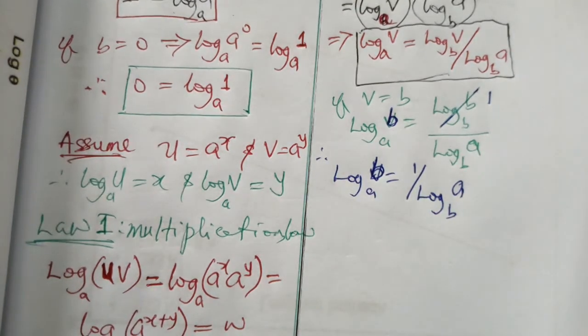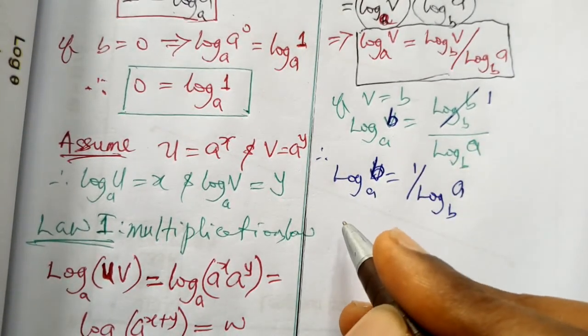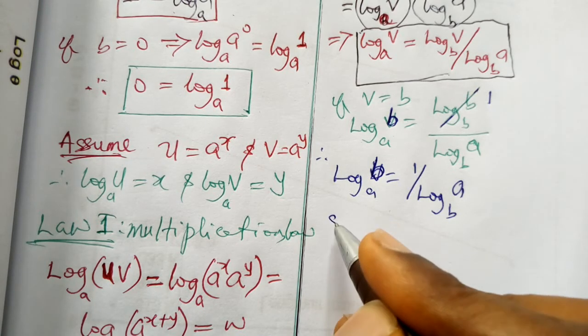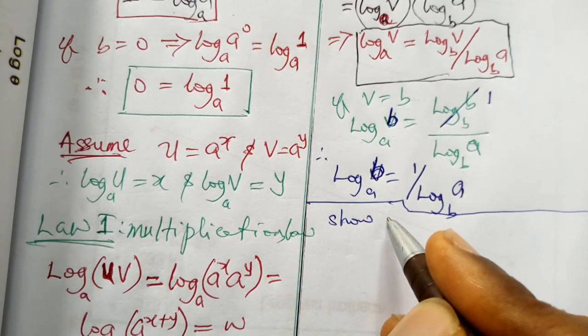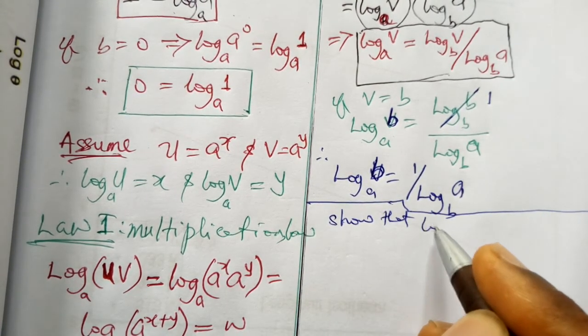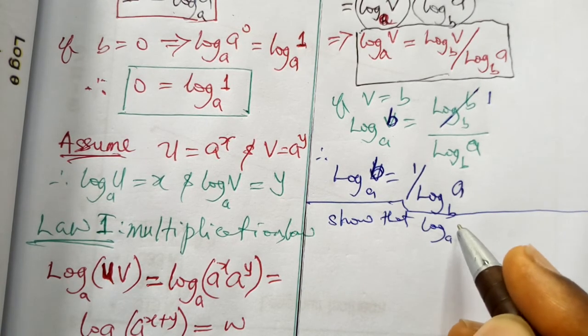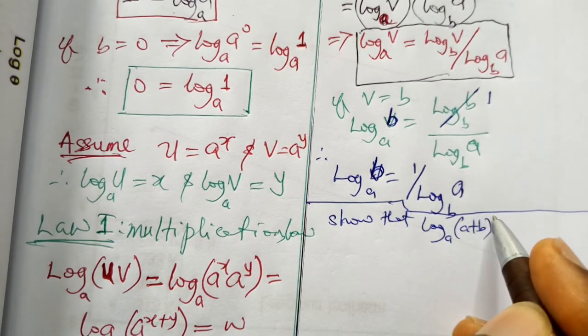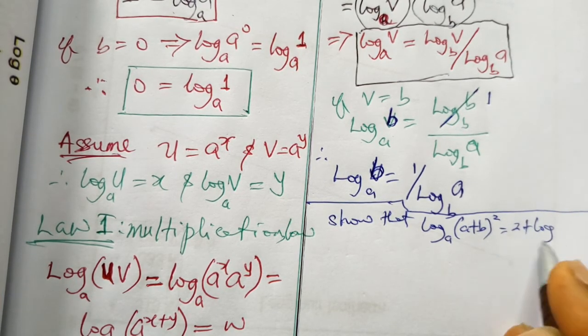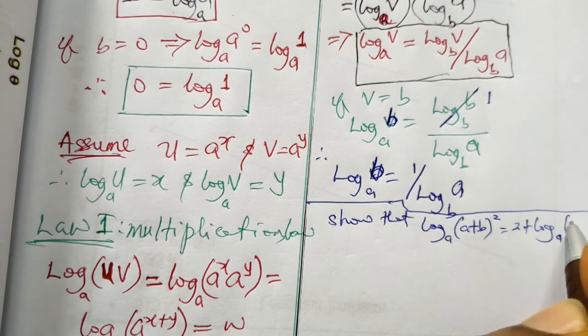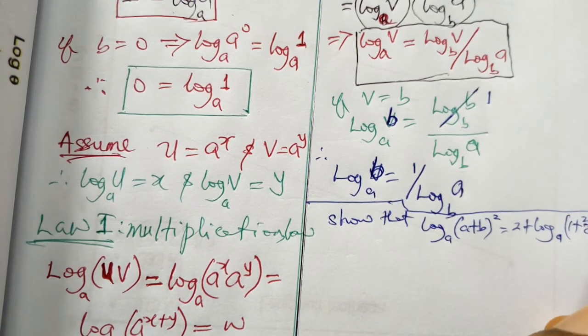As an example, we can show that log a plus b squared is equal to 2 plus log a into 1 plus 2b over a plus b squared over a squared.